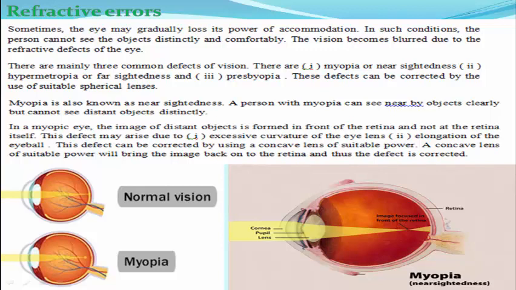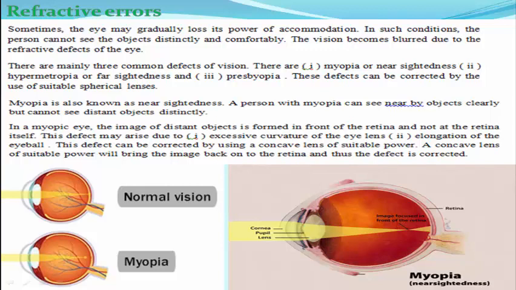Myopia is also known as nearsightedness. A person with myopia can see nearby objects clearly but cannot see distant objects distinctly.